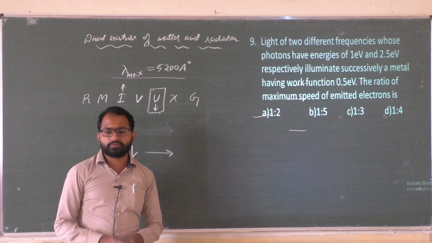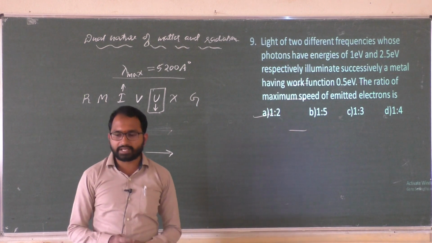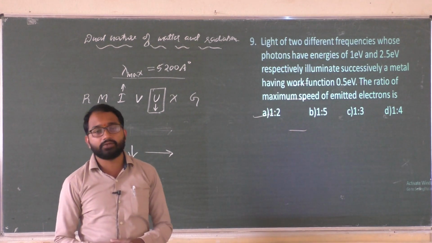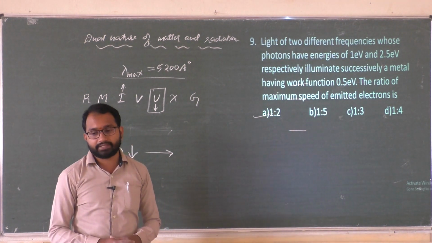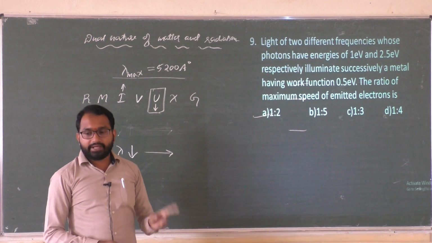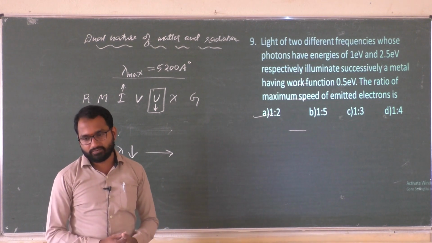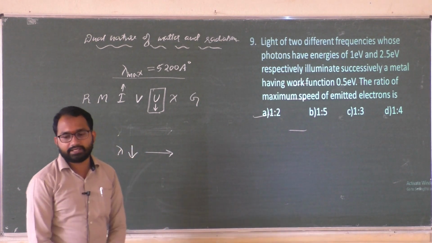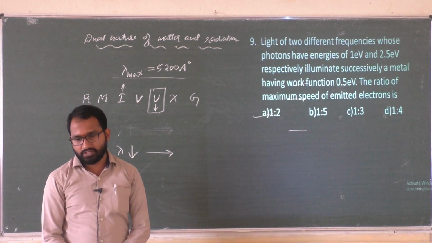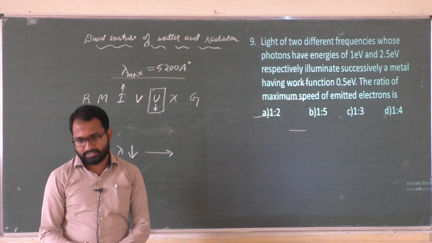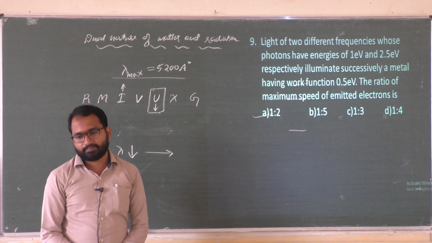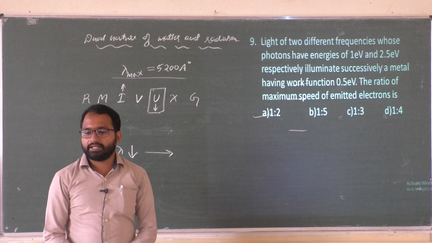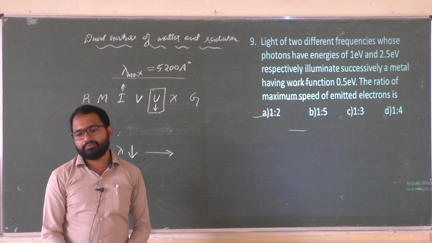Given light of two different frequencies illuminate successively, one after the other, a metal having a work function. What is the work function of the metal? It is 0.5 electron volt. What are the energies of incident photons? 1 electron volt and 2.5 electron volt.